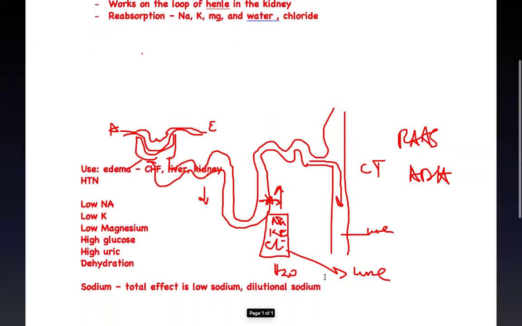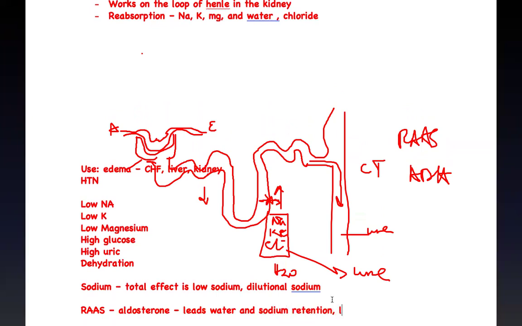Then what happens? If you have the renin-angiotensin system activated, what gets activated? Aldosterone. This aldosterone leads to water and sodium retention, and they lead to what? Loss of potassium in the urine.